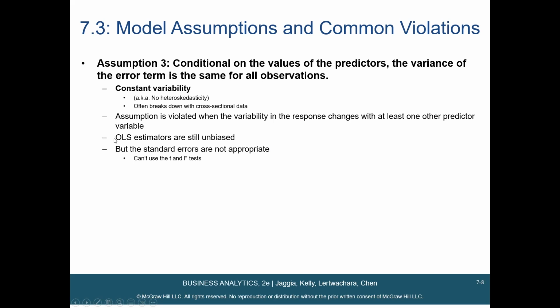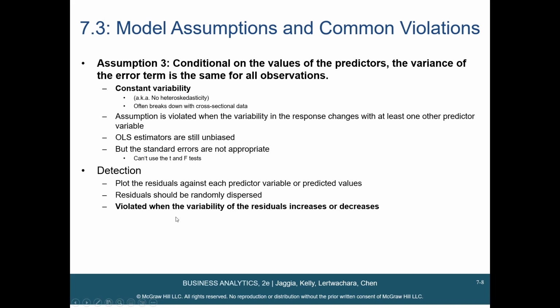Stop, correction. The OLS estimators are still unbiased. So that means the estimated coefficients are actually correct. They will, on average, give you the parameter, the overall population level slope or coefficient. The problem is the standard errors are not appropriate. So you can't use the t-test and the F-test that give us the p-values to enable model selection.